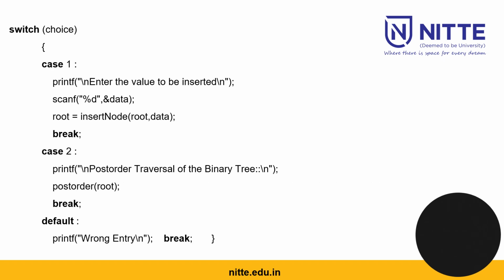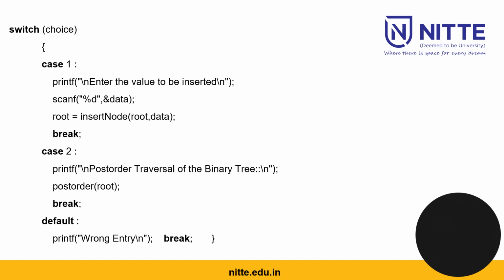Then we will write the switch case, where whatever value I enter as choice, depending on that, it will go to different cases here. So if I enter the value 1 as a choice value, then it will go to case number 1 and print, enter the new value to be inserted.